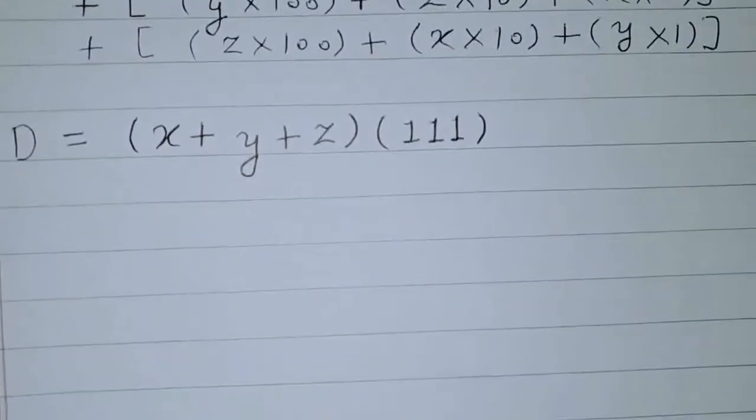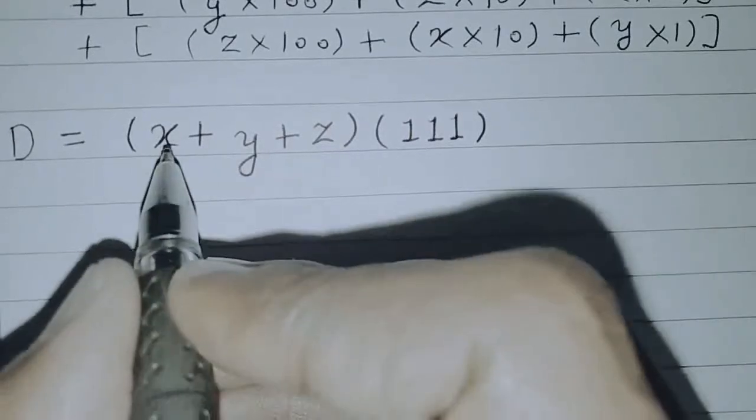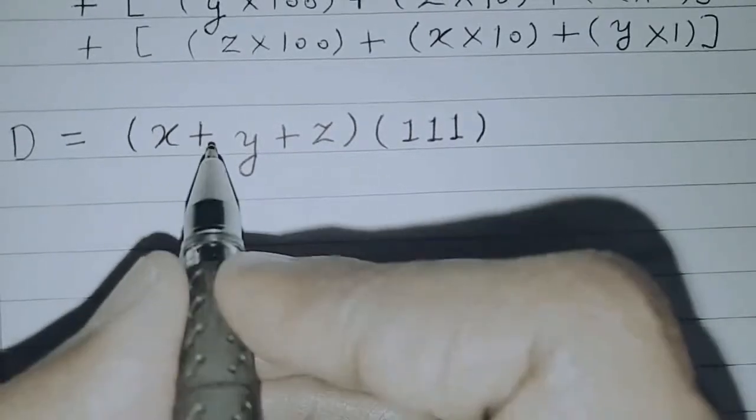but now we also know that X, Y and Z each lie from 0 to 9.